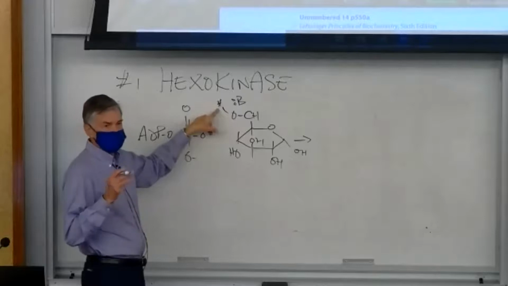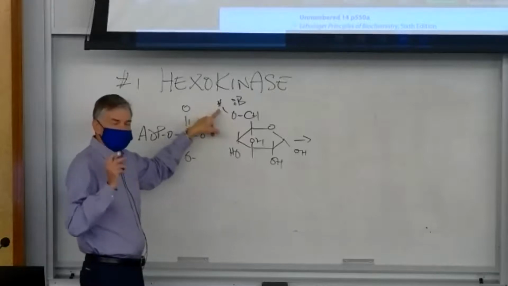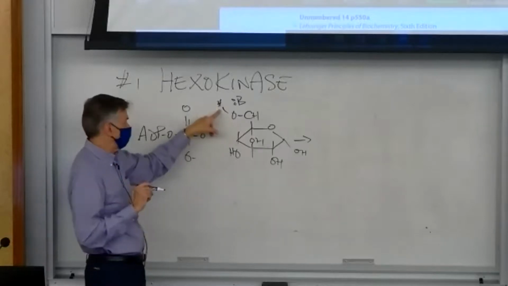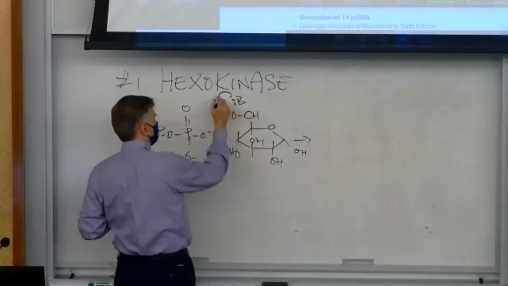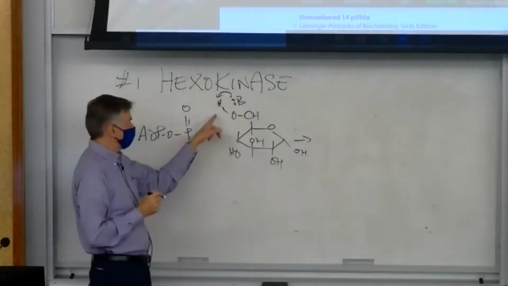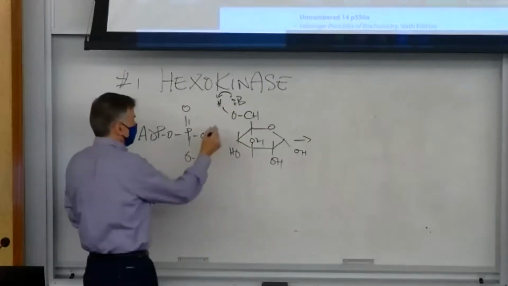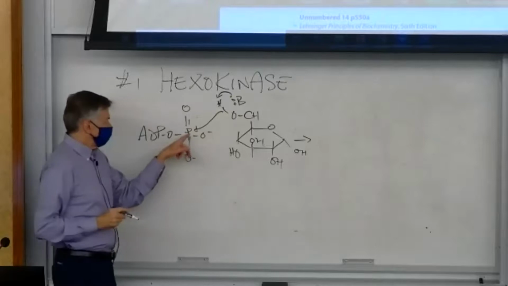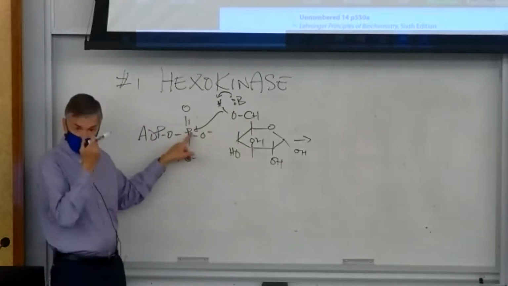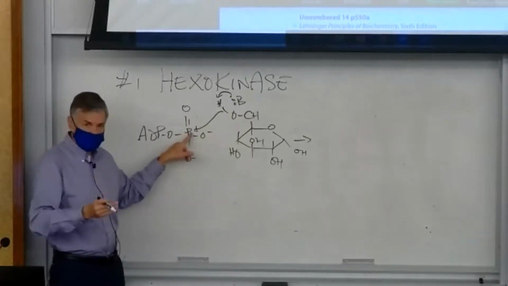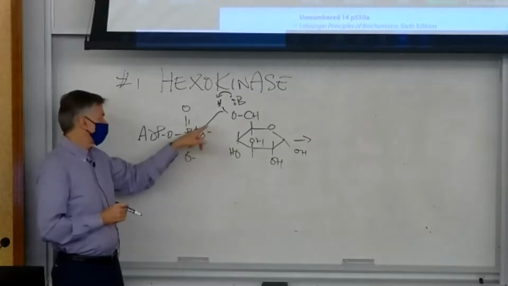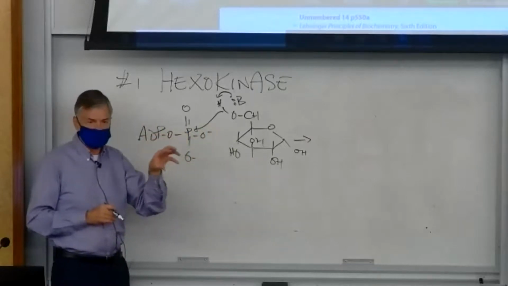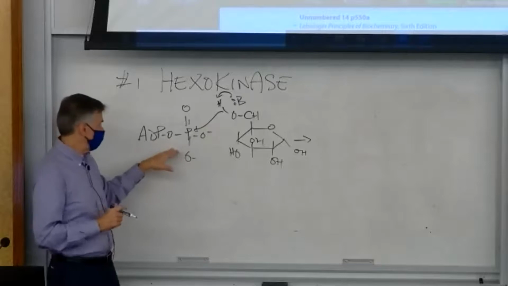In effect, it's doing something similar to our catalytic triad that we saw before. It is, in effect, going to abstract this proton, and this pair of electrons now is going to attack the phosphorus of the terminal phosphate of our ATP.